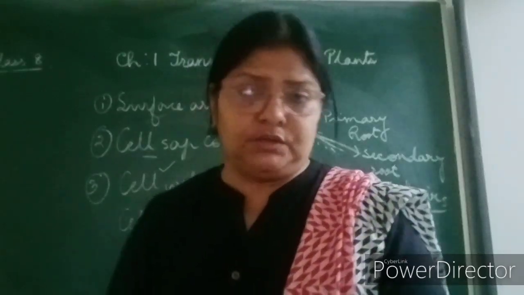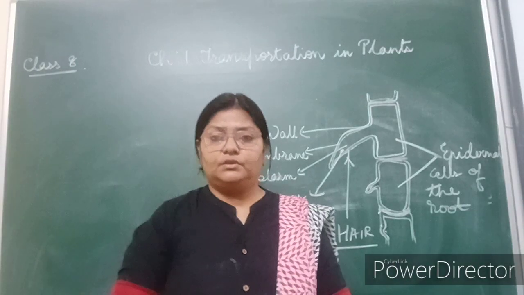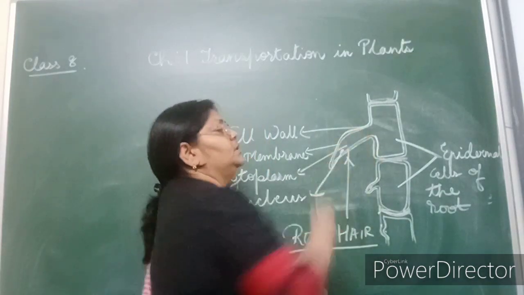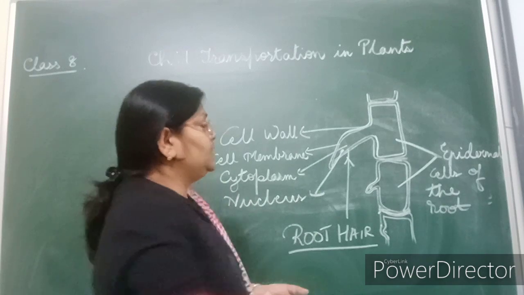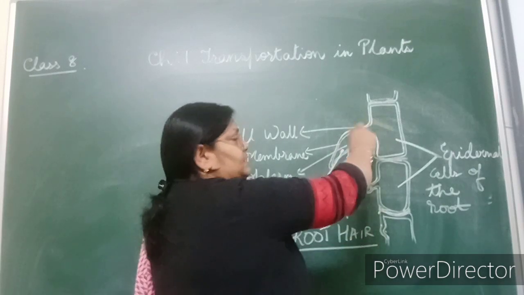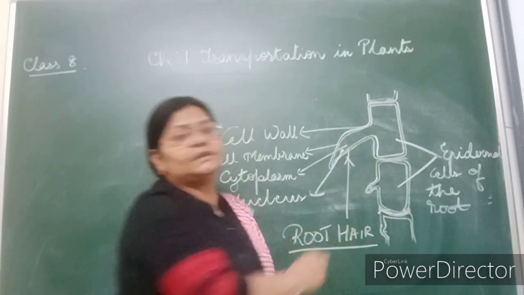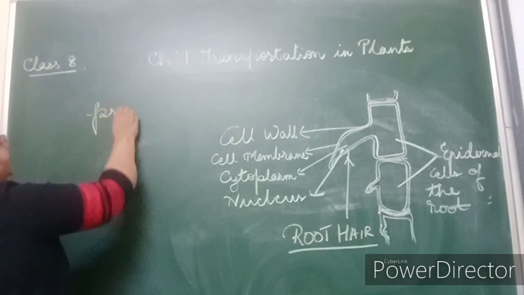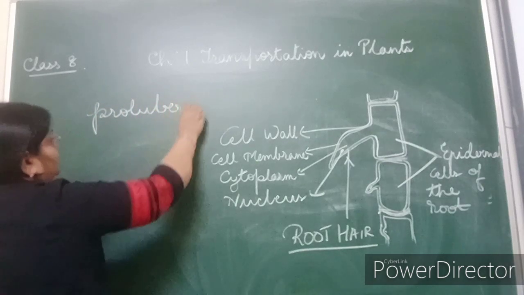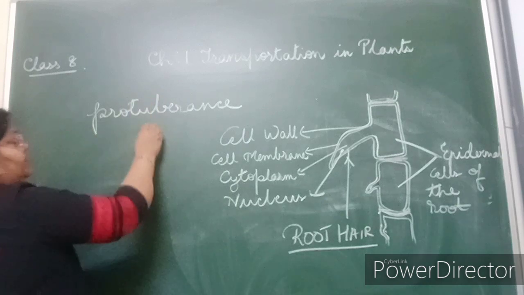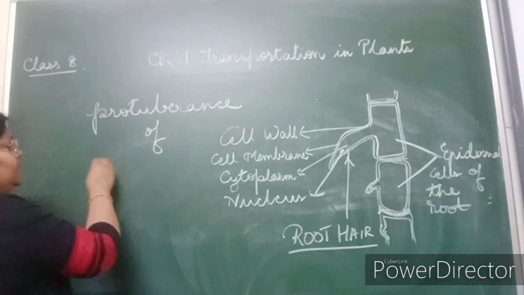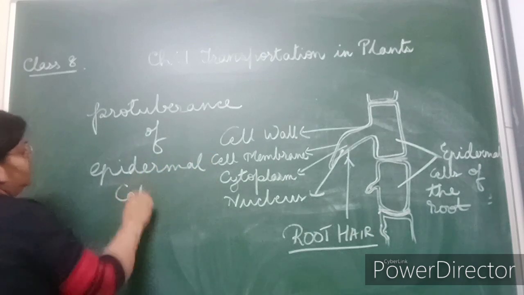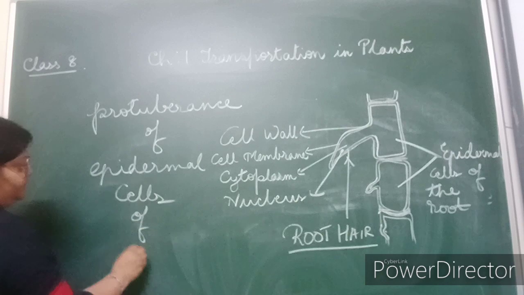So let us draw the root hair now. As we discussed the structure of root hair, let's study the structure. A root hair is a typical plant cell. It is the protuberance, the extension of the epidermal cells of a root.